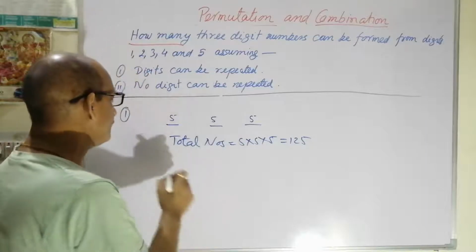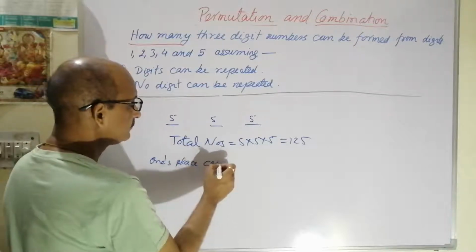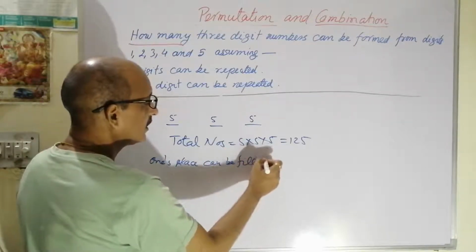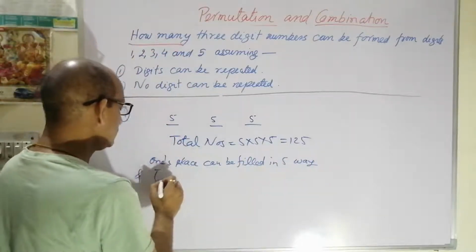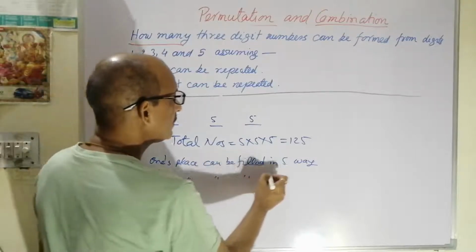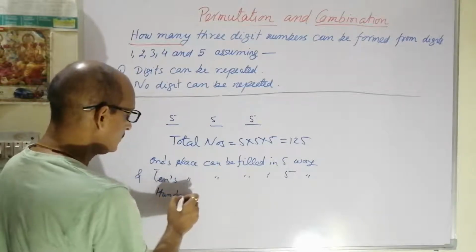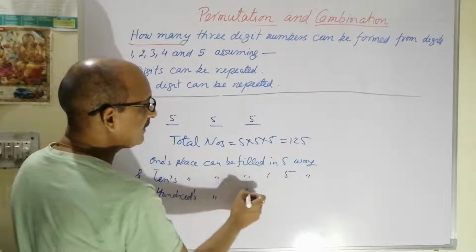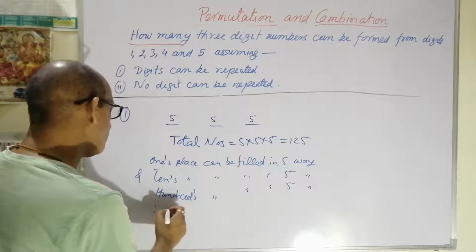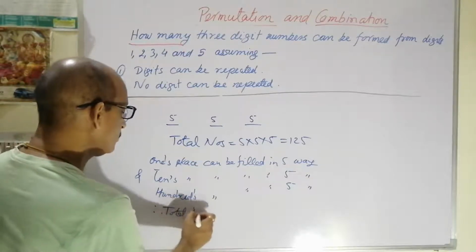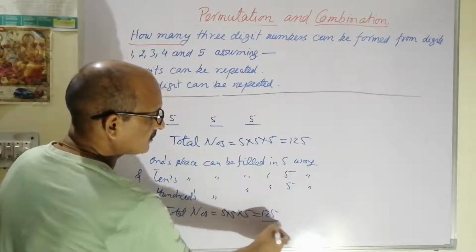This can be written in this way also. 1's place can be filled in 5 ways, and 10's place can be filled in 5 ways, and 100's place can be filled in 5 ways. Everywhere I am using the word and, therefore total numbers are 5 into 5 into 5, 125 numbers.